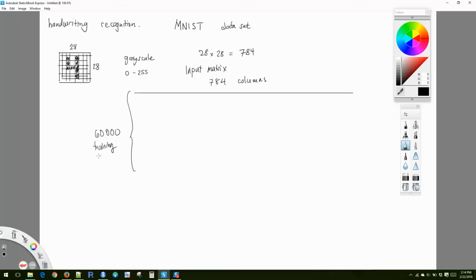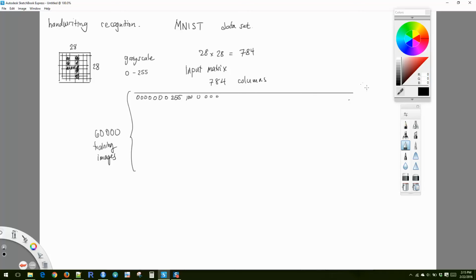So this is a very big thing, okay? And so each row has a bunch of little numbers. Most of them are zeros because it's mostly white, and then where you have the writing, probably 255 to indicate black, or if it's at the edge of the thing where it's being scanned, maybe something a little bit lighter, okay? And so all of these represent all the different pixels. And so you have 784.